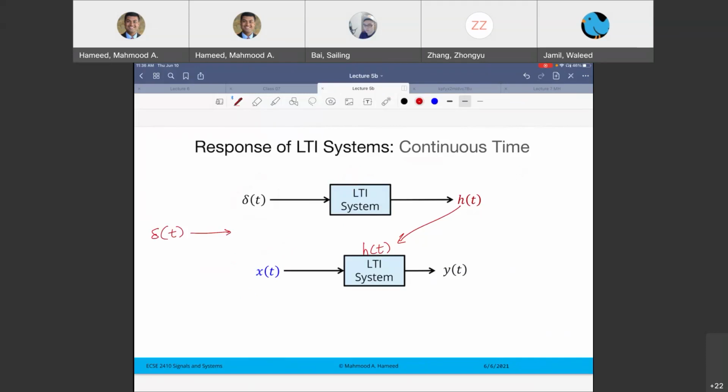If my input is delta of t, my output is say u of t minus 1, just as an example. What would be the output here if the input is 2 delta of t minus 1 plus 3 delta of t minus 3?